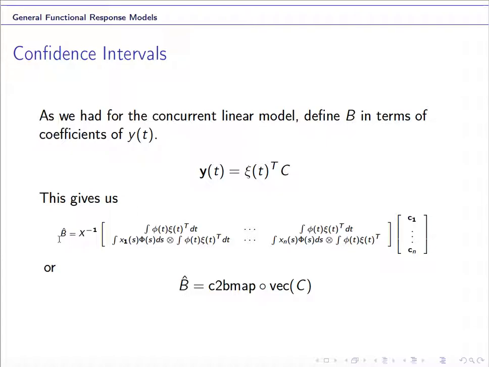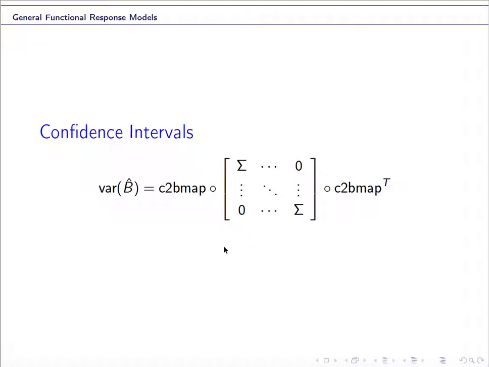So we call this the C to B map, and so the B will be equal to the C to B map times the vectorized C. So if we have this formula, then based on multivariate statistics, the variance of B hat will be equal to the matrix C to B map multiplied by the variance of C, which suppose is this sigma, and multiplied by the C to B map transpose.